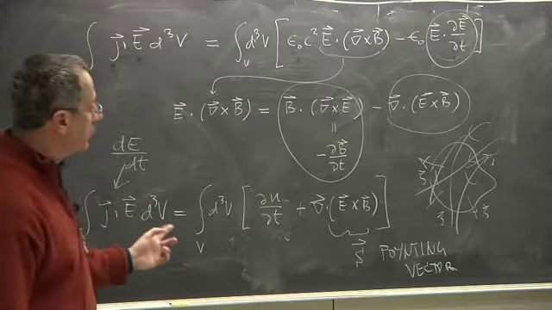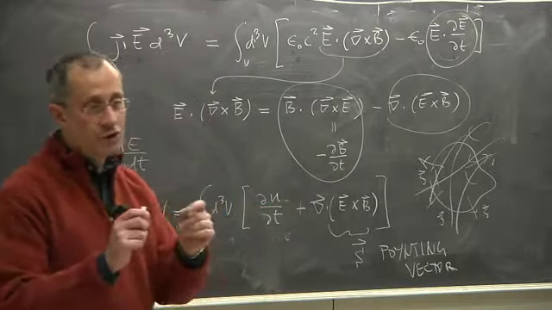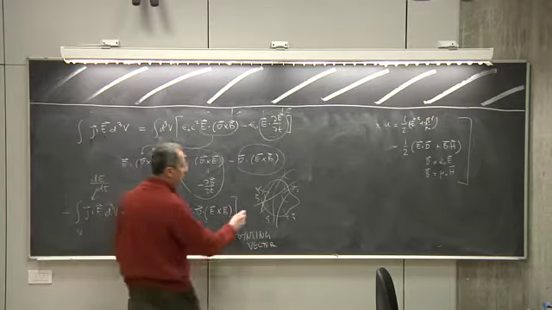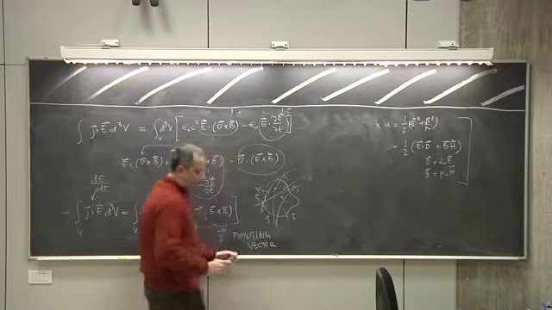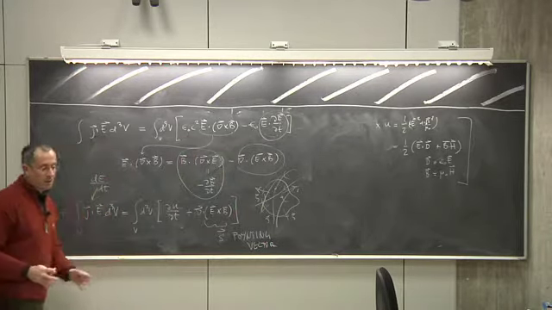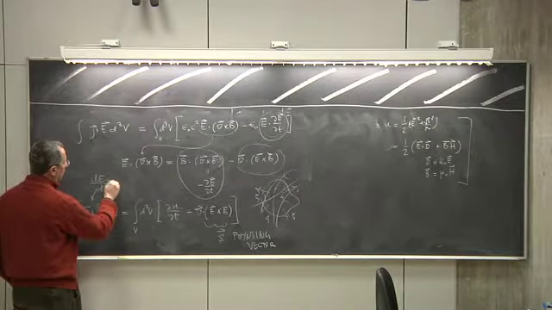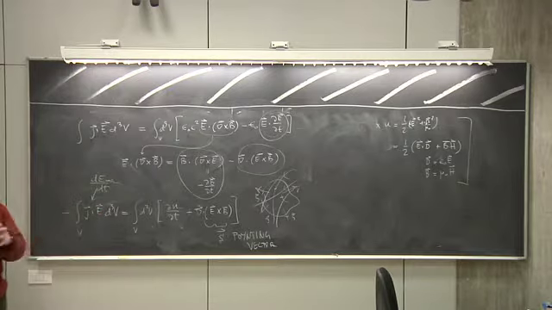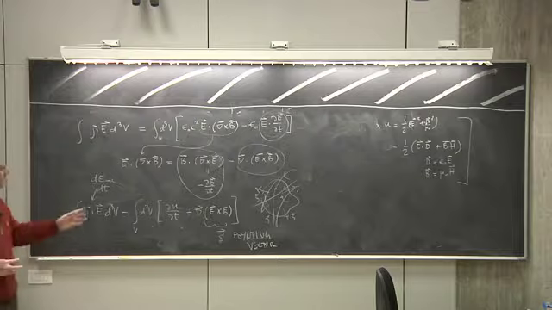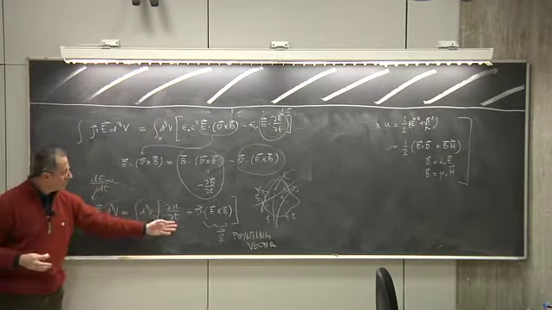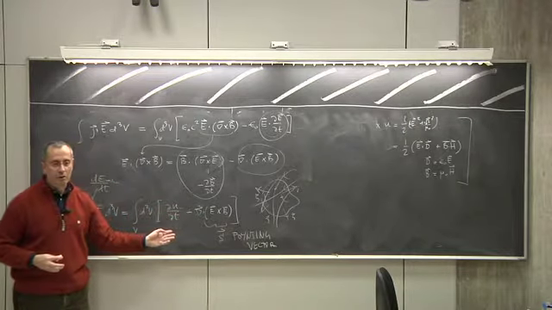One way to measure this is to put some charged particles inside, and then you see the change of the mechanical energy inside. So either they move faster or they move slower, and if they move faster, that energy must come from the field. So it's taken into account by these terms, okay?